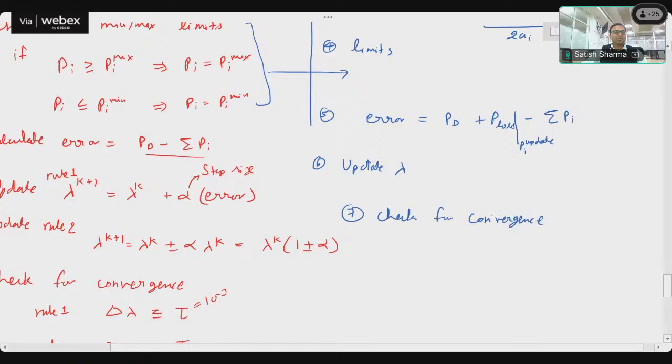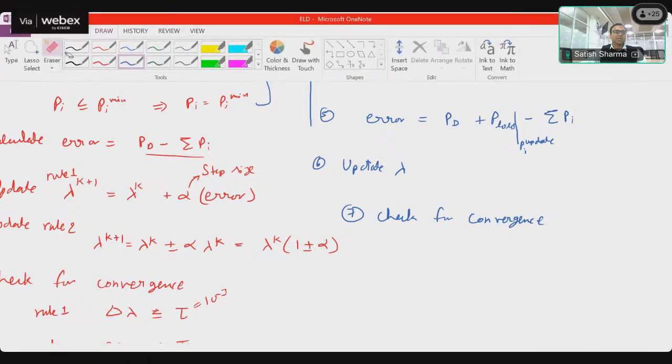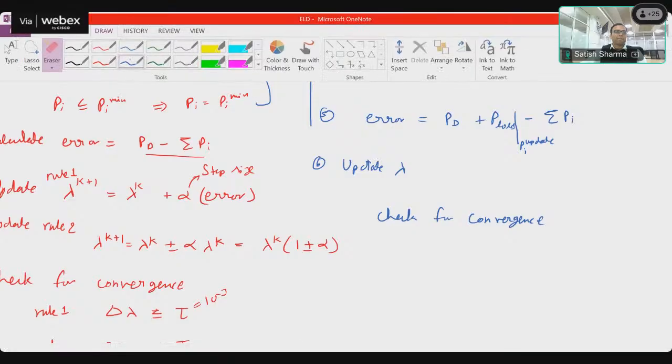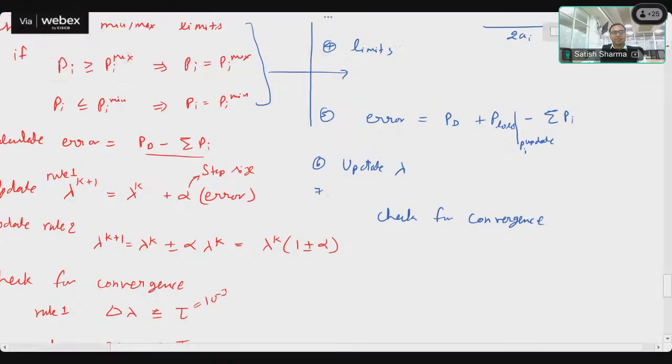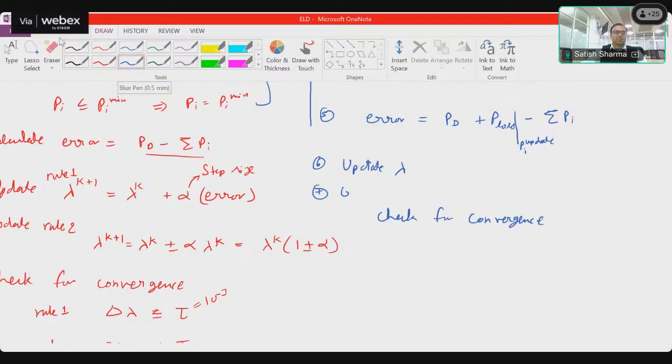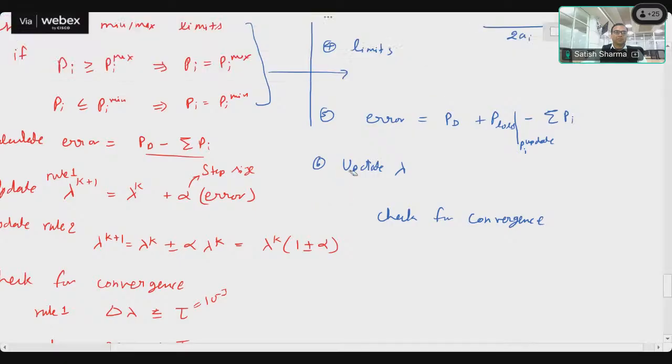I think we missed some part, with the updated lambda, some steps should also be there. Let's say the seventh step will be to check for convergence. Wait. What will happen once we have checked for convergence?